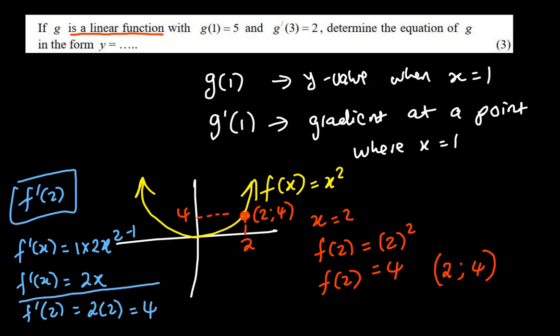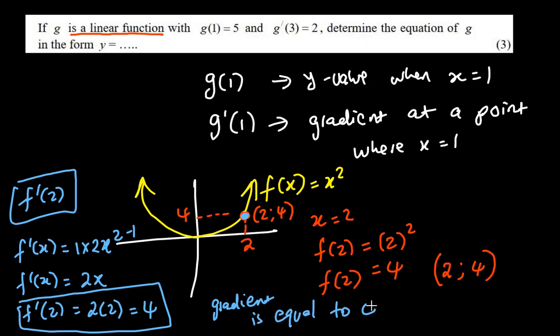What does this mean here? This means at 2 here, the gradient is equal to 4 at the point where x is 2. At that point there, the gradient is equal to 4.